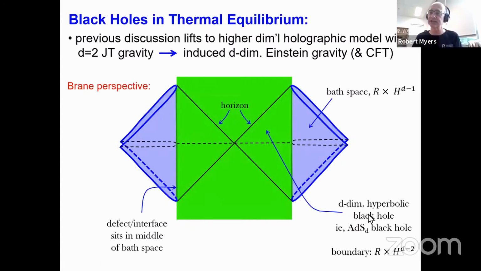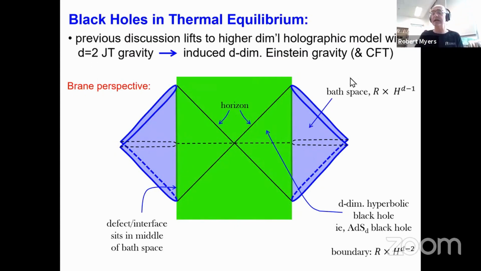That was very much like JT gravity. I've got a bath region, or these non-gravitating regions, coupled to either side of the black hole. The geometry there is a little bit different, but it's more or less the same kind of system: a gravitating region, 2 bath regions on either side of my black hole.